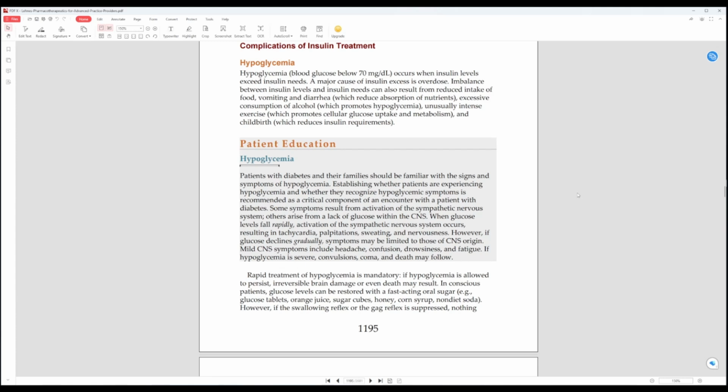Imbalance between the insulin levels and insulin needs can also result from reduced intake of food, vomiting, and diarrhea, which reduce absorption of nutrients. Excessive consumption of alcohol, which promotes hypoglycemia, and unusual intense exercise, which again promotes cellular glucose uptake and metabolism. Lastly, childbirth, which reduces insulin requirements.